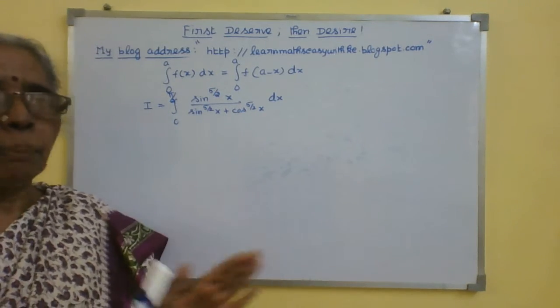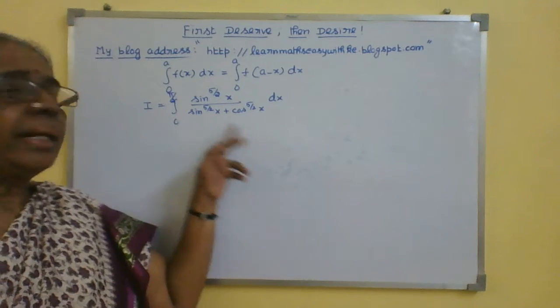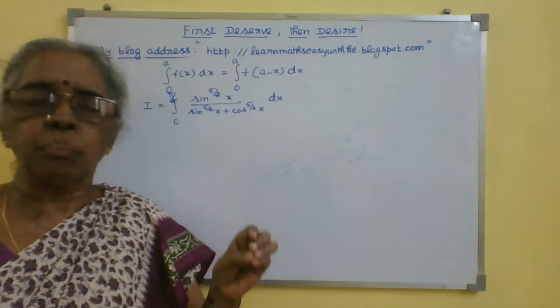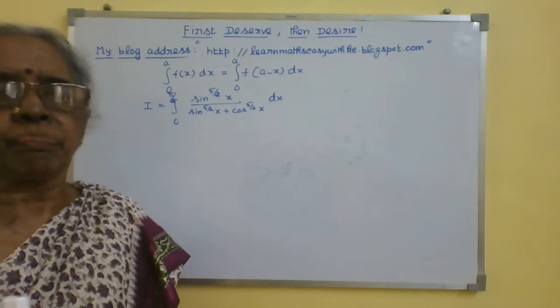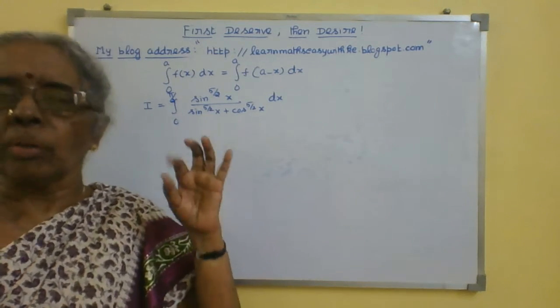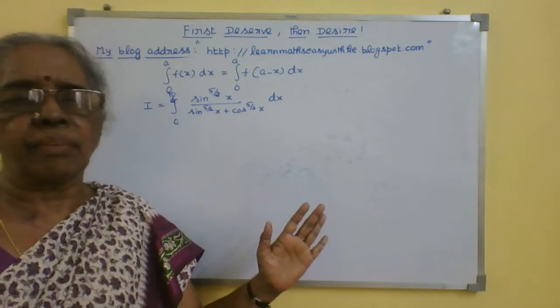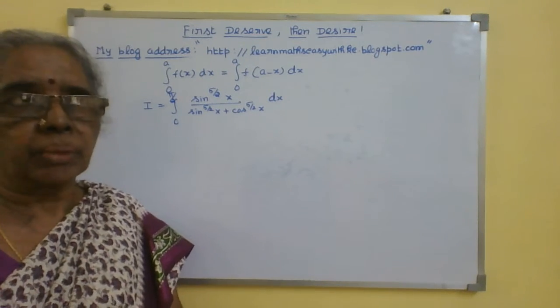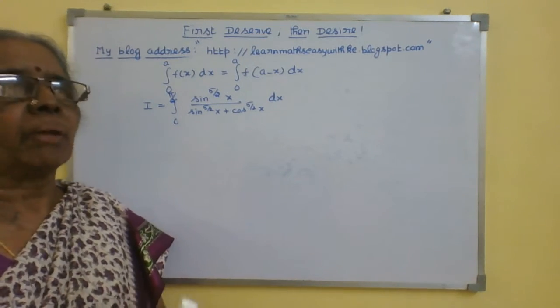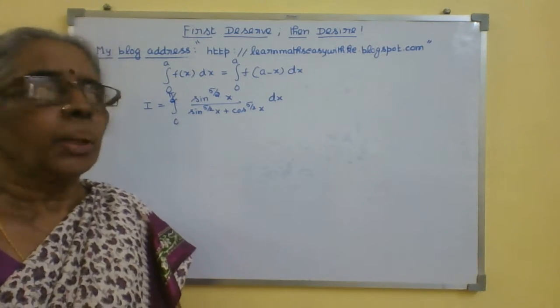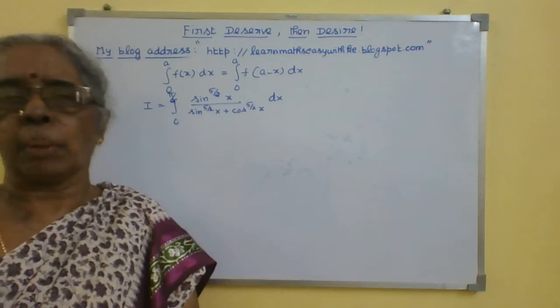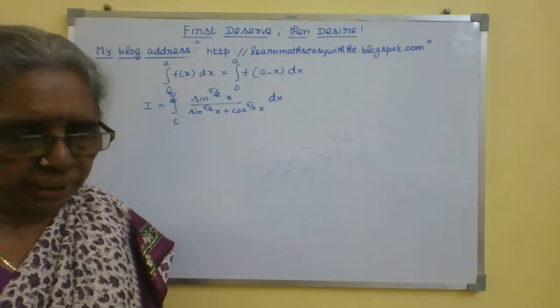Then point number 3, in the denominator you will be having both a sine function plus a cosine function. In the numerator, you will be having either a sine function or a cosine function. If you see any sum with these 3 points I have told you, you have to definitely use this property.